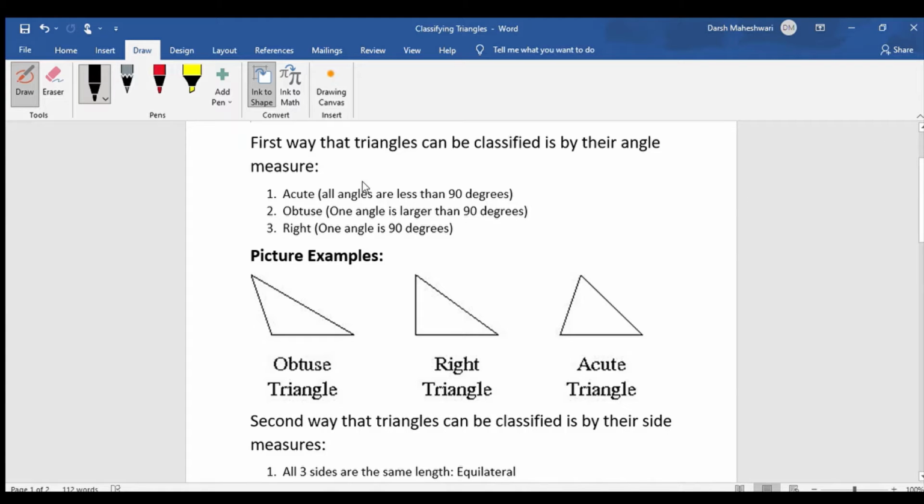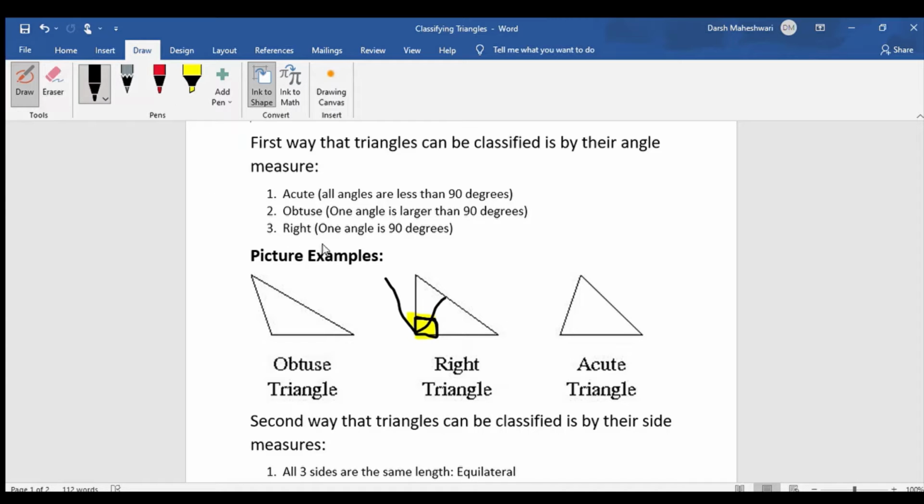So 90 degrees just means it forms this sort of square, right? You see the square over here? So this is a 90 degree angle or right angle. You can call it any of them. More than 90 would be anything out over here that goes this way. Less than 90 would be something like this, right?